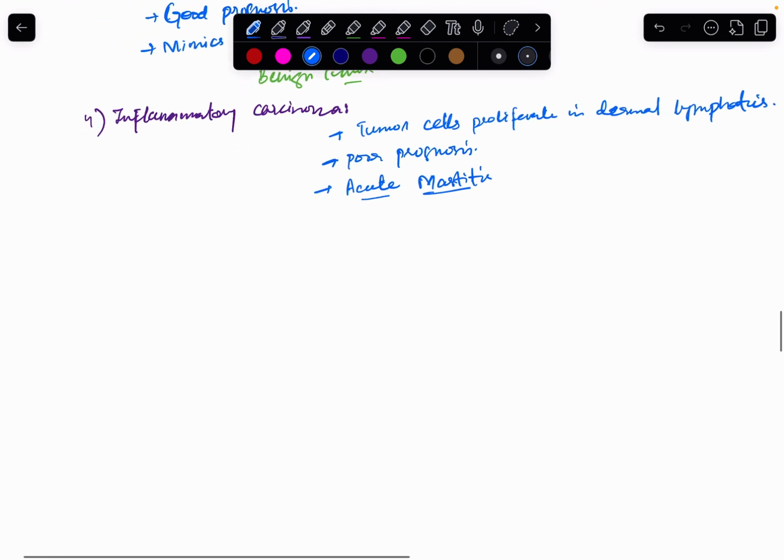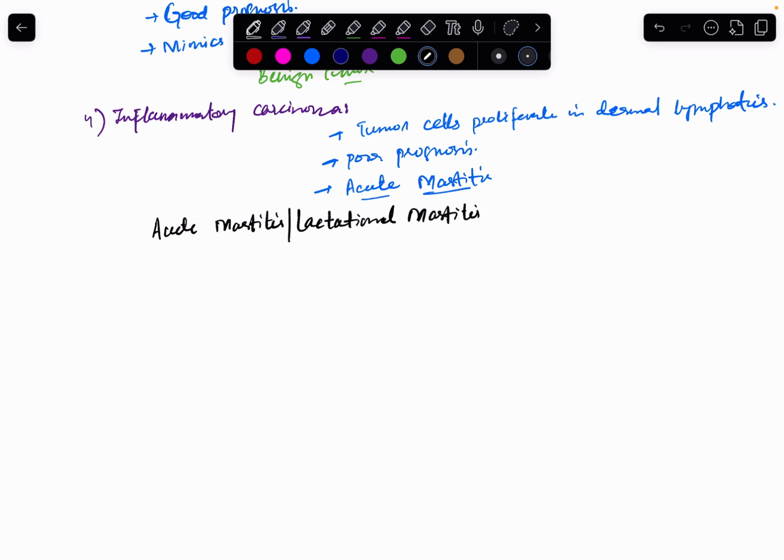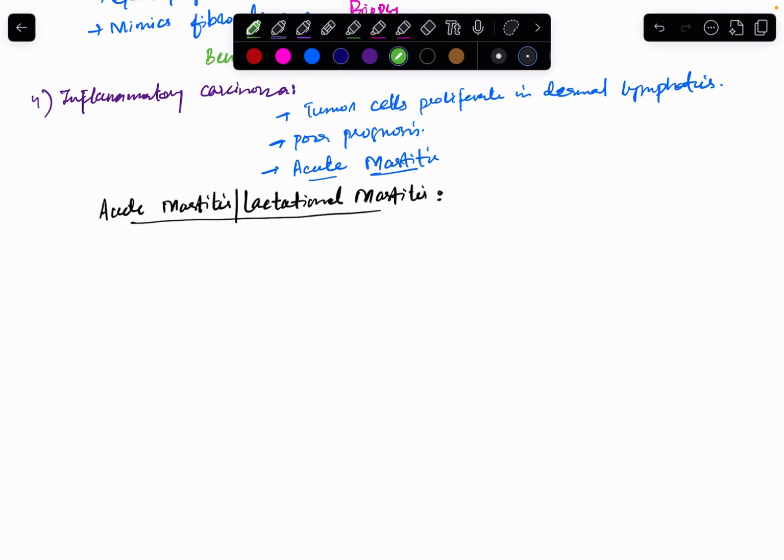But what we do in acute mastitis, which is also known as lactational mastitis, if you diagnose acute mastitis or lactational mastitis, then you will be giving antibiotics because acute mastitis is due to a bacteria called Staphylococcus aureus.